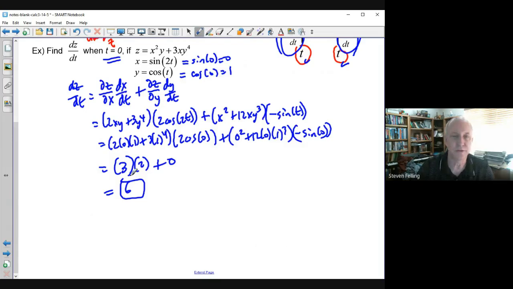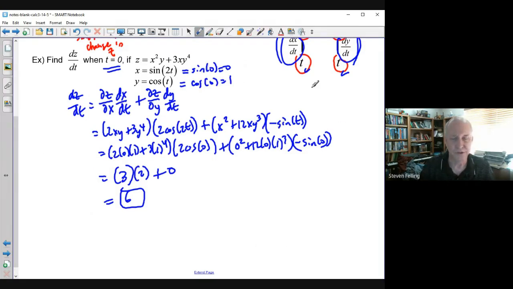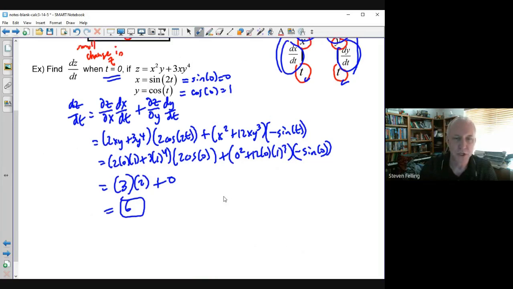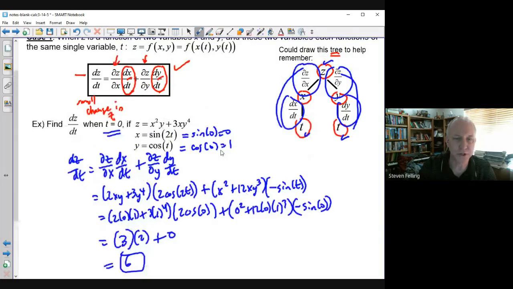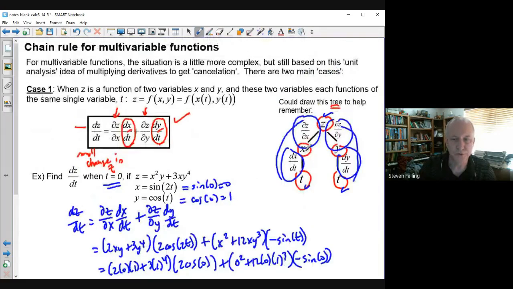And that just means that for every 1 unit change in t, through all of its connections through x and y to z, z will change 6 units per unit change in t. Okay? So that's application of the chain rule, first case, where you have a function that's a function of other functions, but those functions are each a function of a single variable t.